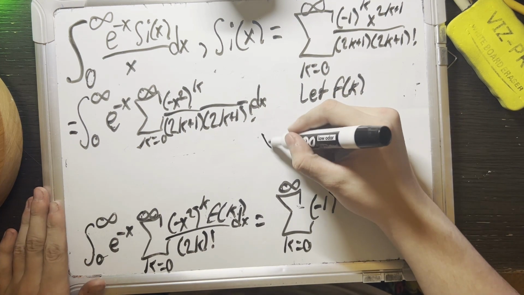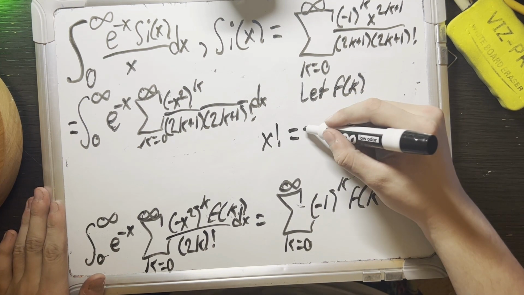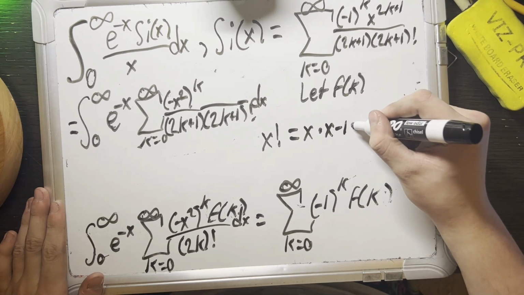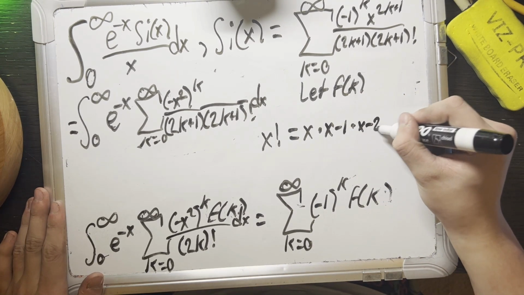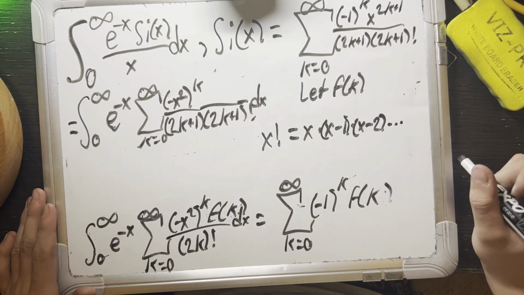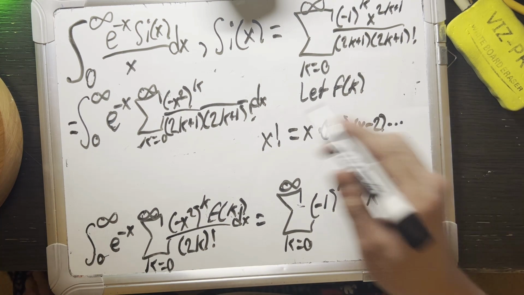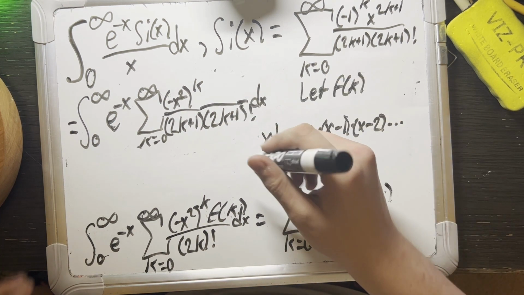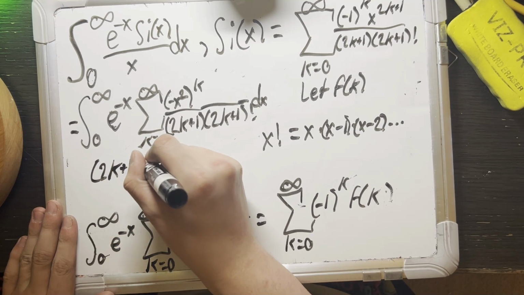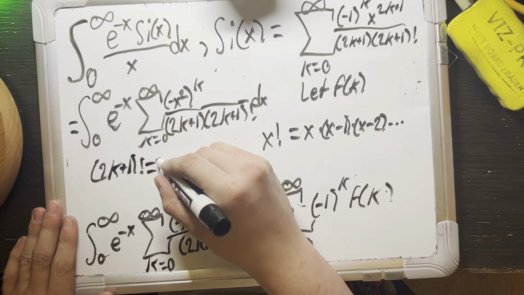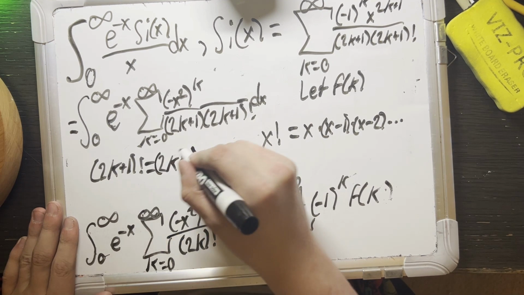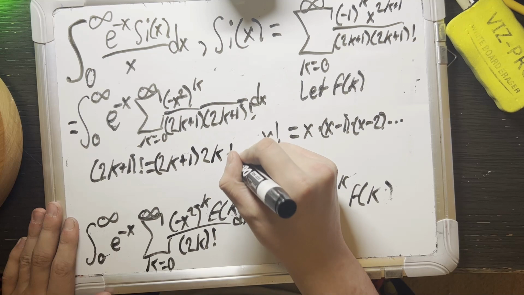Since, okay, you remember the factorial. The factorial, x factorial, is equal to x times x minus 1 times x minus 2, etc. All right? So now we're going to transform this into, when you get 2k plus 1 factorial, it's going to be equal to 2k plus 1 times 2k factorial, right?